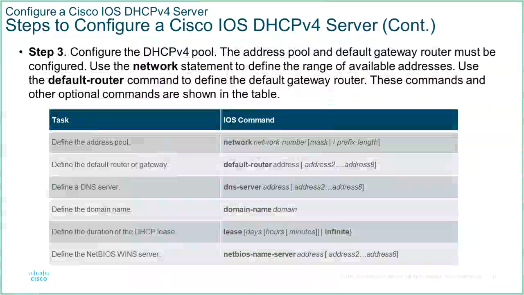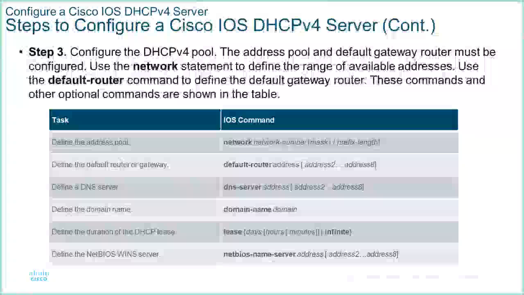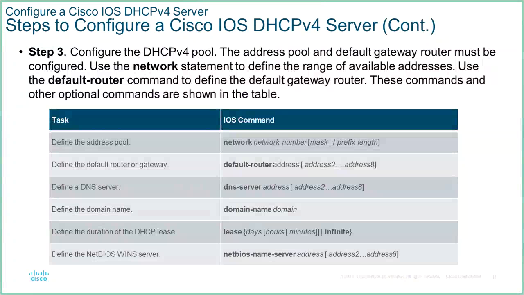So we now need to define our network address ranges that we want to assign within the pool. So network, the network number, and the prefix length or the mask, so that the device knows what network it is serving and assigning addresses for.